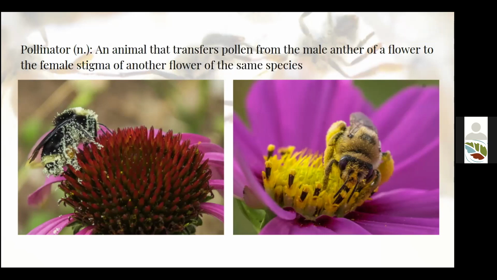And so seed is the embryo of the plant, and that is helpful for reseeding a lot of flowering plants that are native to this ecosystem, but it's also important for producing fruit.